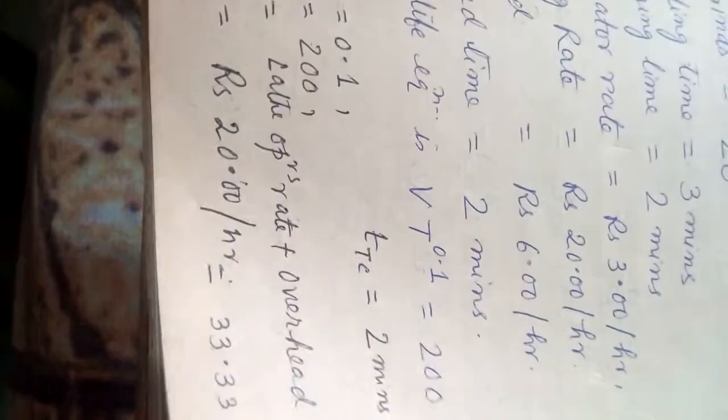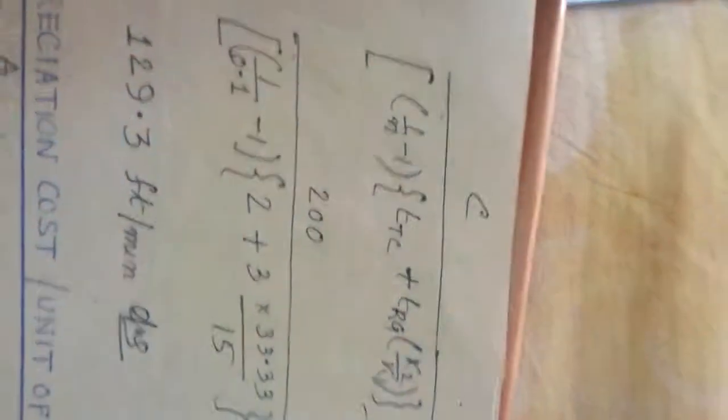Nowadays it may not be in paisa, it will be in rupees, no problem, rupees per minute. Now this is the formula for V min.